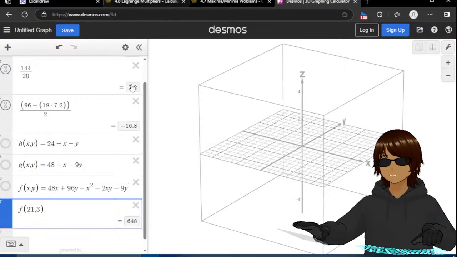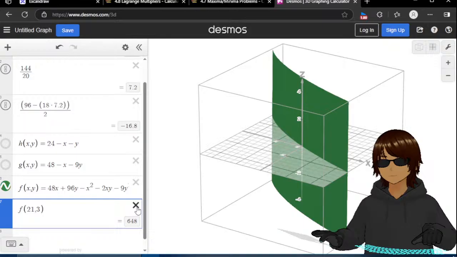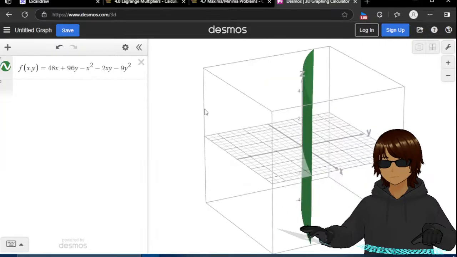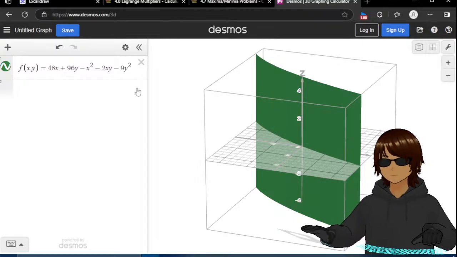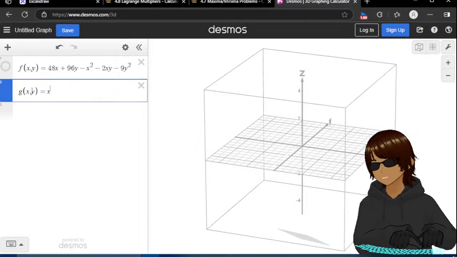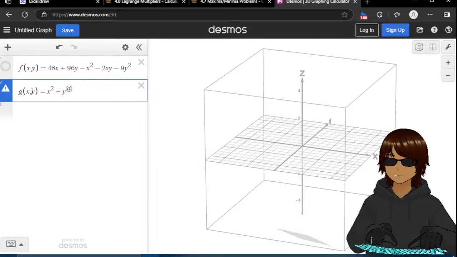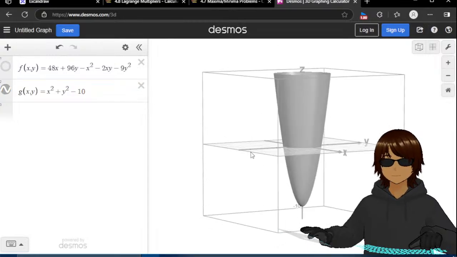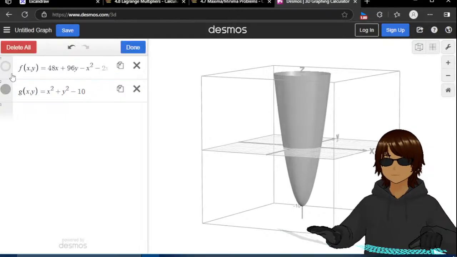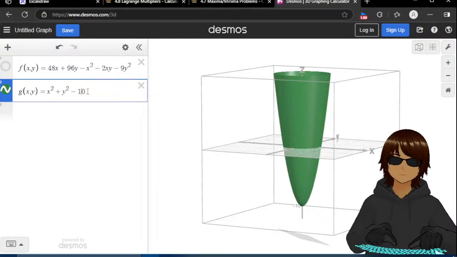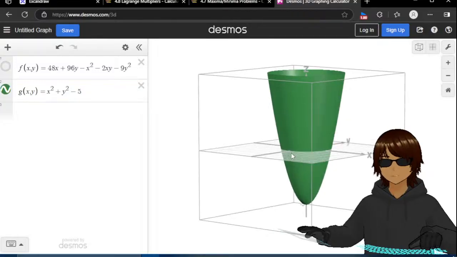Yeah, I think what's happening is, instead of this, g of x, y is equal to x squared plus y squared minus 30 minus 10 minus 5.